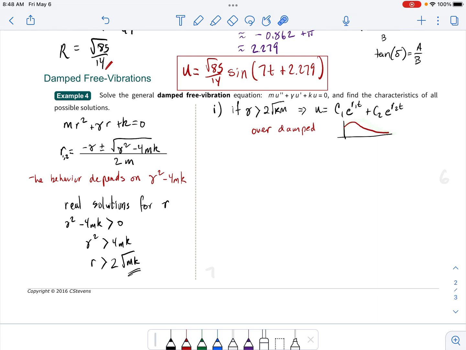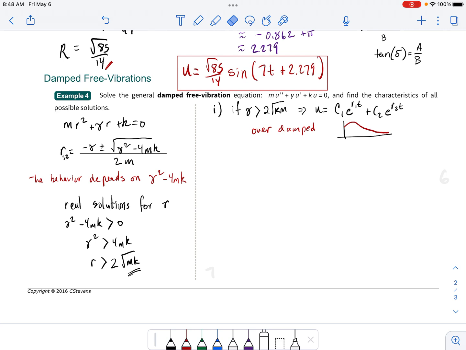Depending on your initial conditions, it'll either go up first, or it might just go down immediately and decay to 0. We call that an overdamped system. It doesn't cross over the x-axis. Think of it like a saloon door that you open up, and when it swings shut, it just slowly closes and doesn't do any kind of oscillation. So that's an overdamped system.